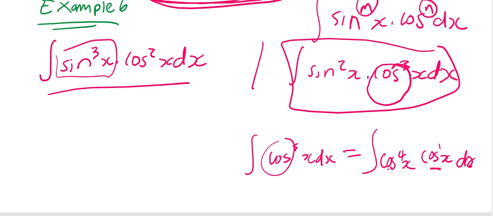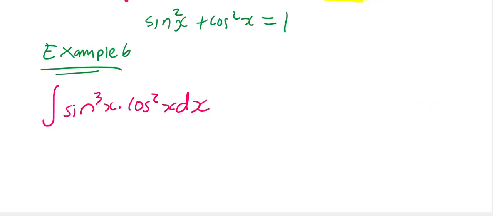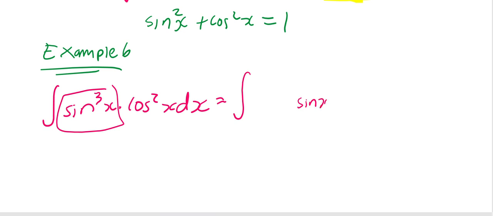So that's what they mean by splitting. Let me erase here so that we can continue with example 6. We look at this and we see that sine is odd, so we split the odd part. So this is equal to the integral of, remember when we split, we're splitting this part, so we have the odd part to the power of 1 times the even part.